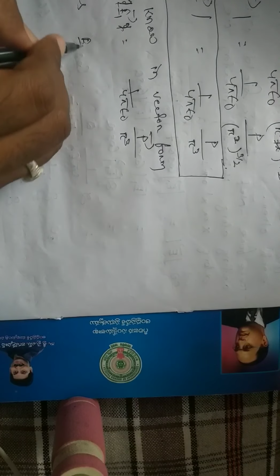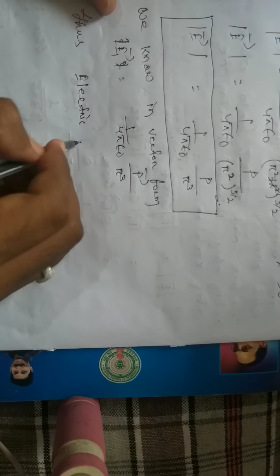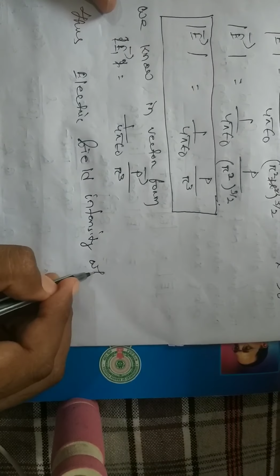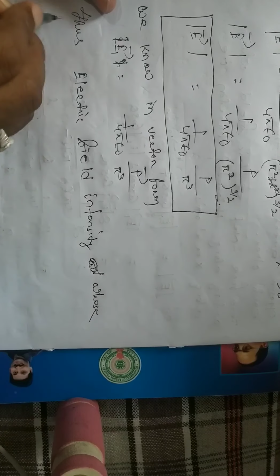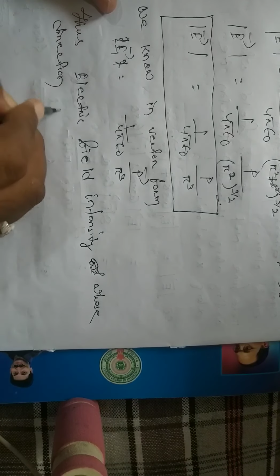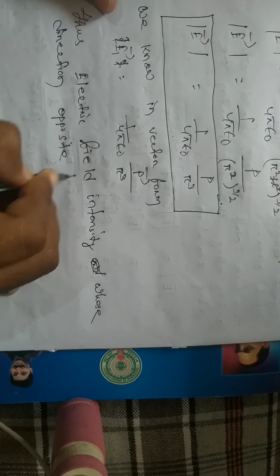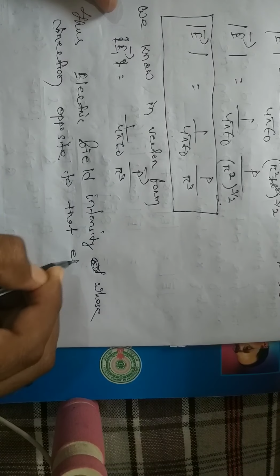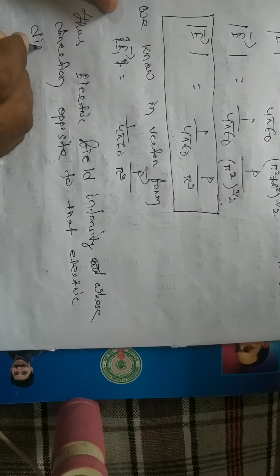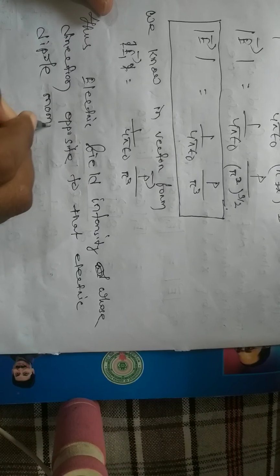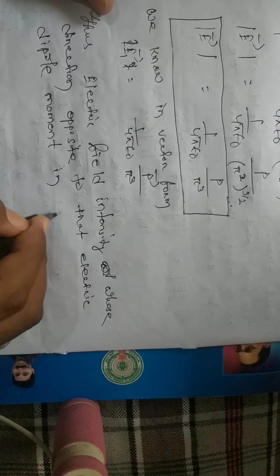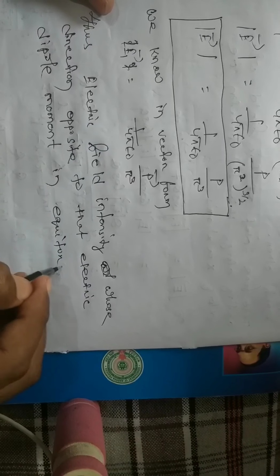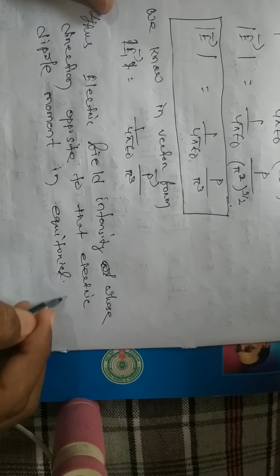Thus, the electric field intensity has a direction opposite to that of the electric dipole moment in the equatorial line.